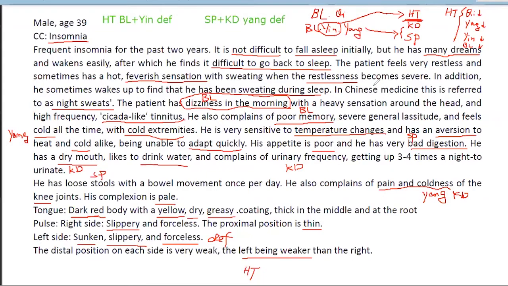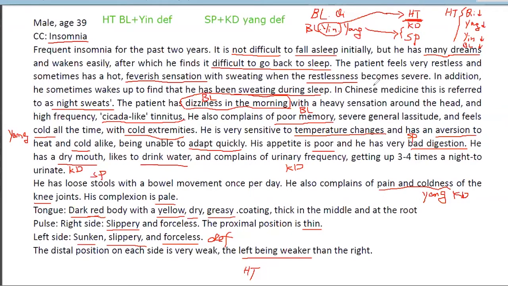But if you see most symptoms related to blood, you better put it together. If nothing specifically goes to blood symptoms, you only put yin deficiency. Certainly we have more heat signs there, more yin deficiency signs. But for blood deficiency and yin deficiency, there is a little bit of difference.